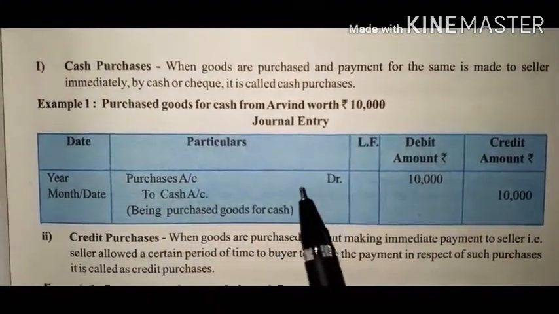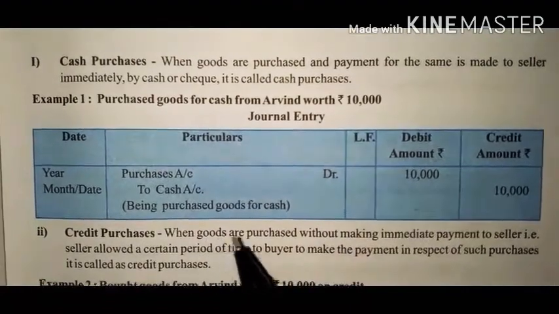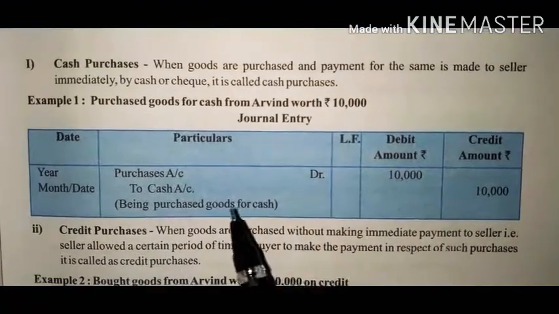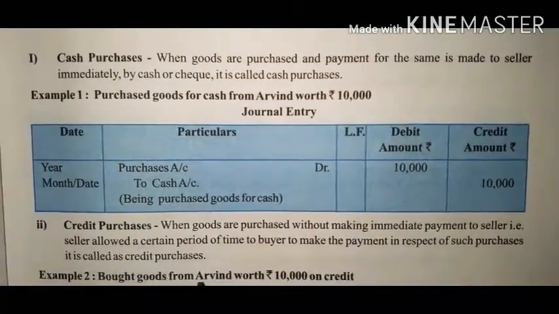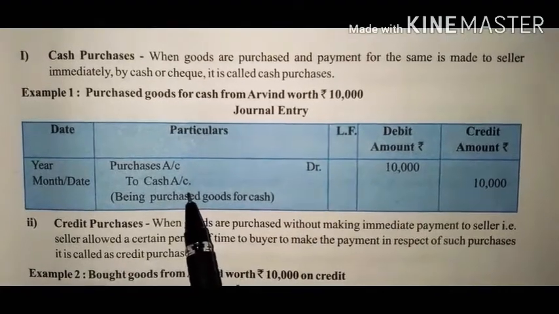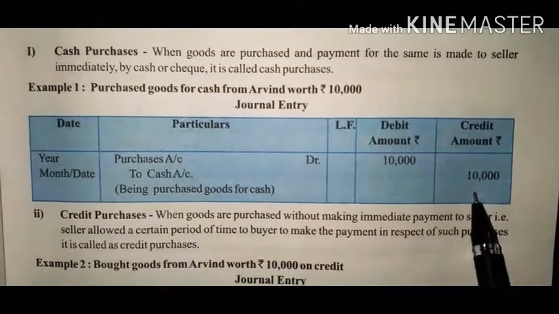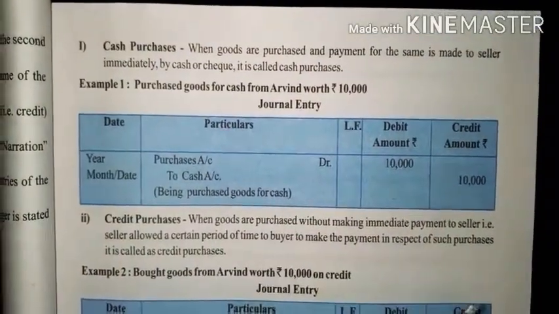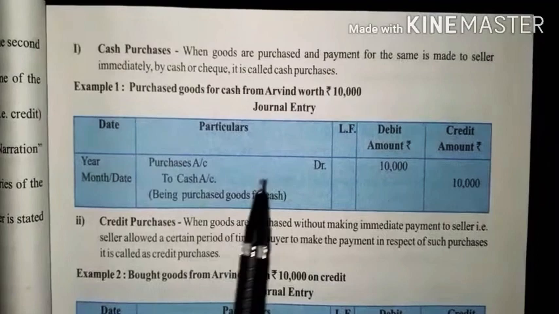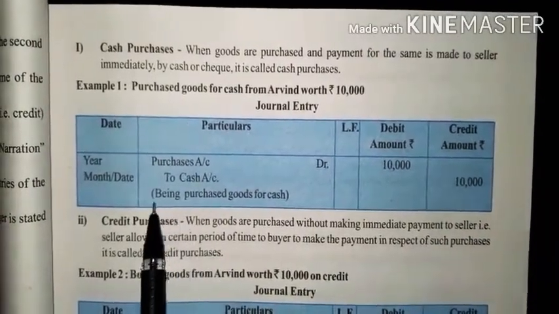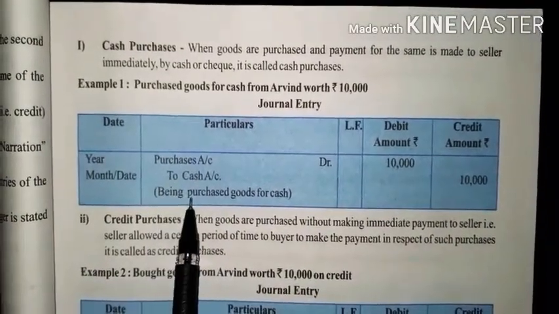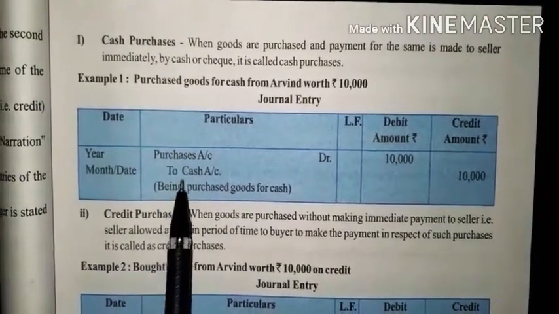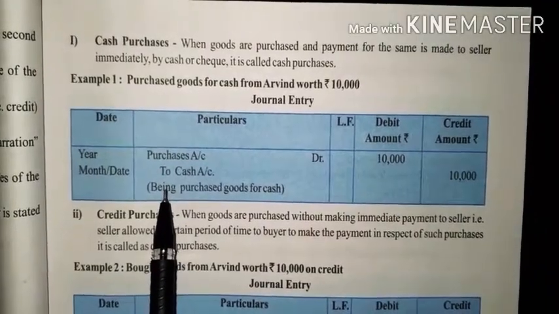Here you have made payment by cash, so cash has gone out of our business, or out of the hands of the person who has purchased goods. So the cash that has gone out, the effect will be credit what goes out. So credit will be cash account, and in the credit column you have to write down the 10,000. After the posting of the transaction in the journal, you have to write in brackets under the accounts the brief explanation or narration of the transaction, like what type of transaction it is.